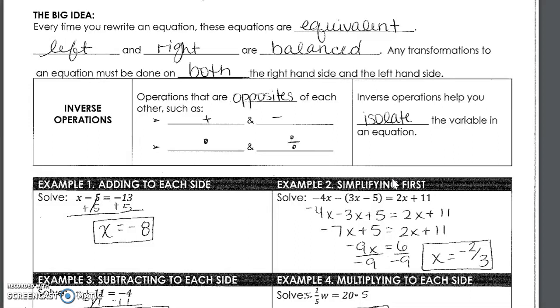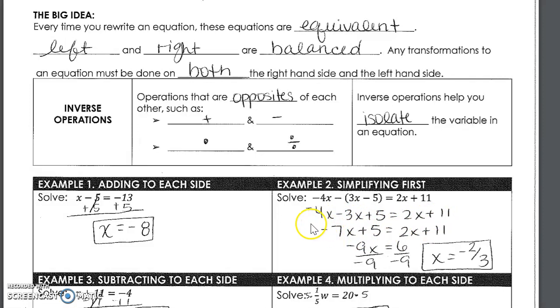I am concerned that you are guessing 4x. 4x is not what you are distributing. You are distributing what is directly in front of the parentheses. What is directly in front of the parentheses? Right there, there's a negative sign. If we want to associate it to a number, we can say that that's a -1. So it becomes a -3x and a +5. You are distributing, again, a -1.